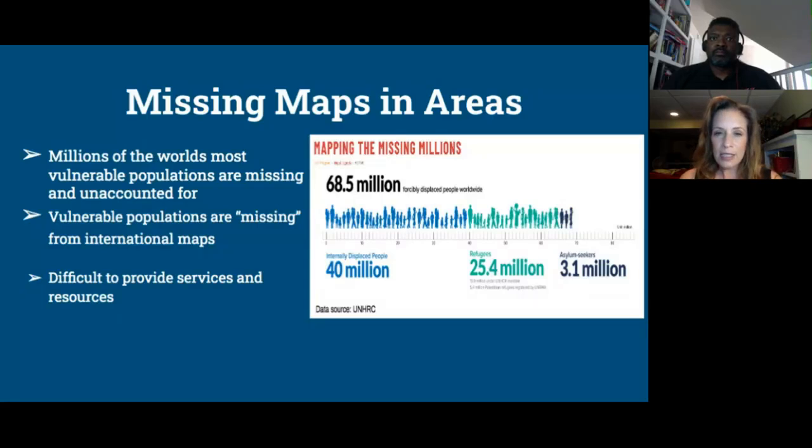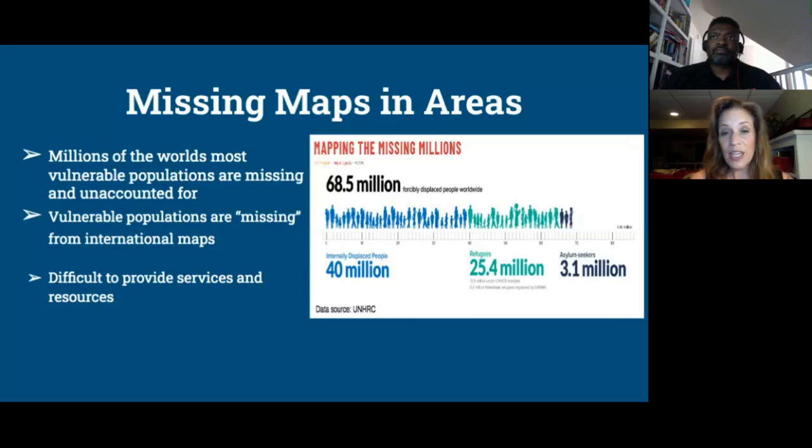If we have this many people that are not being mapped, they're not being considered while governments are making big decisions about those areas as well as those people.